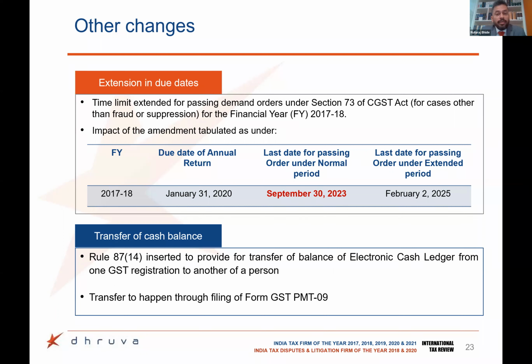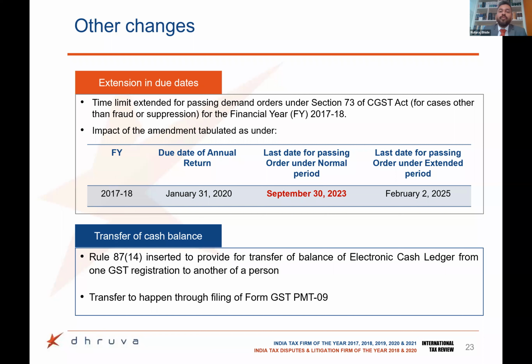In the next slide, we have another extension of due dates. We saw earlier that in case of refunds there has been an extension of the timelines. Likewise, we also have an extension of the timeline for issuing demand orders under section 73 for the year 17-18. Under section 73, any demand order can be issued within 3 years from the due date of filing the annual return.